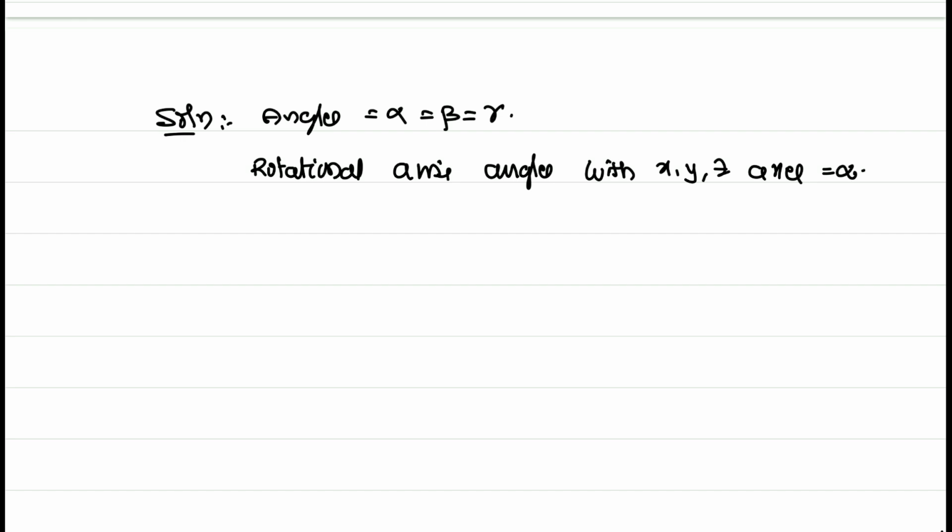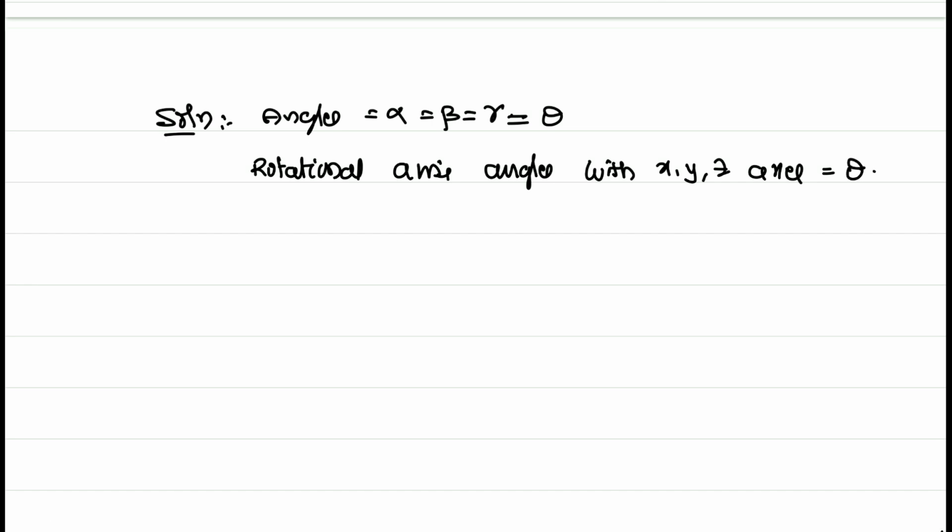Or rather, you may get confused, so let us call this theta.